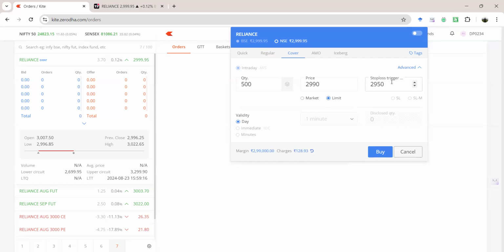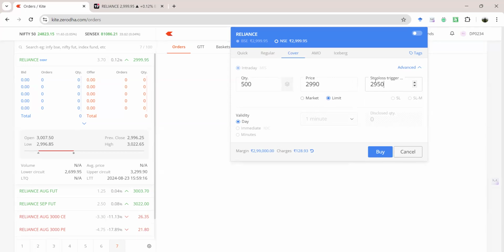If the price reaches this, our buy order will take place, and if the stop loss is triggered, it will exit. So this is a cover order where we place the buy order as well as the stop loss order in the same order. This is always intraday. It cannot be a positional order. So if you want to buy for investment purposes, this kind of order cannot be used.